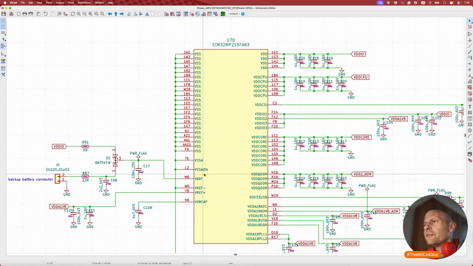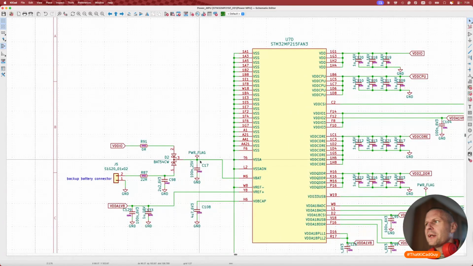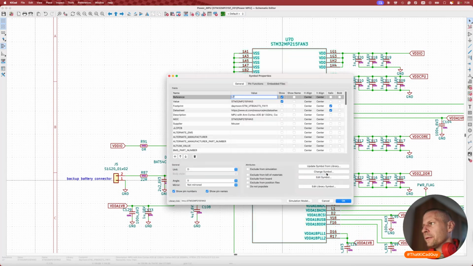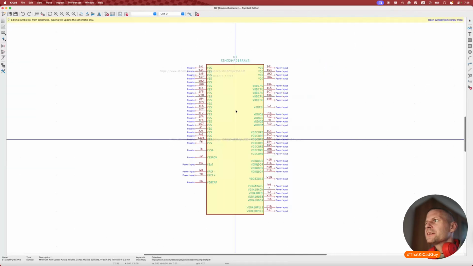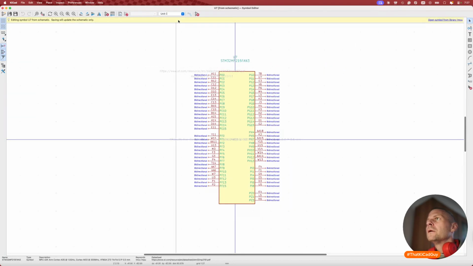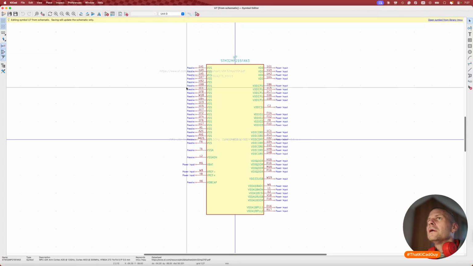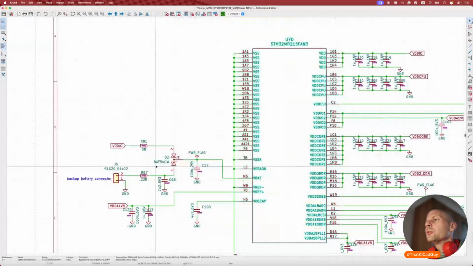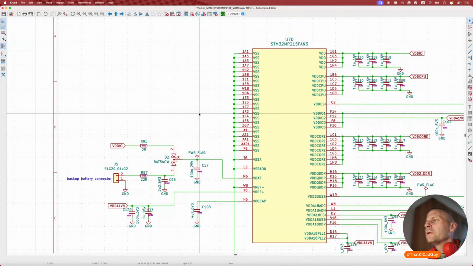M6 is VBAD. VBAD is the power input, which is correct. So what's wrong with this symbol?